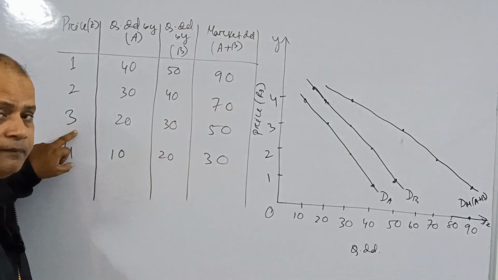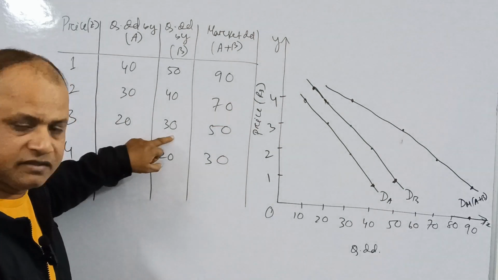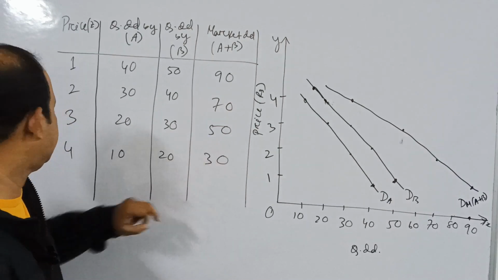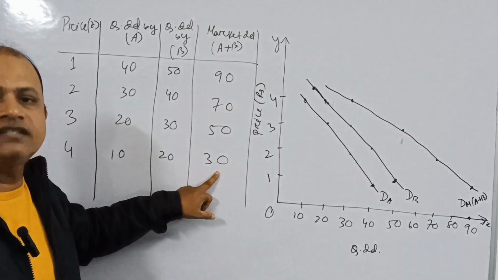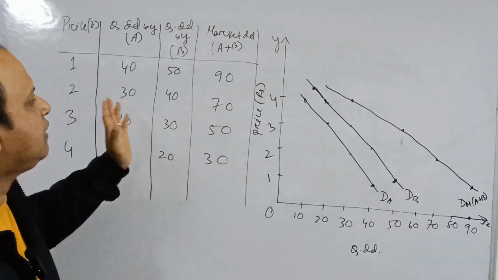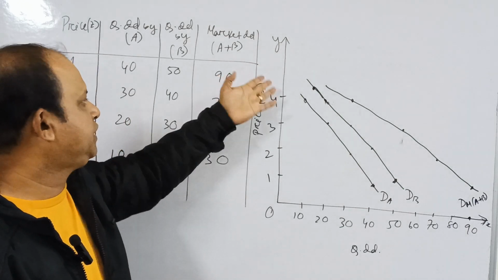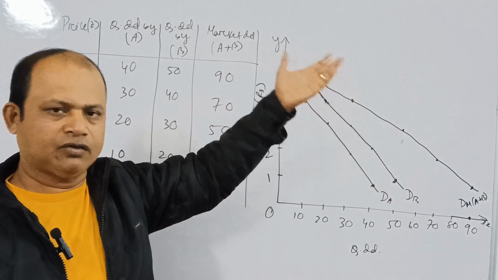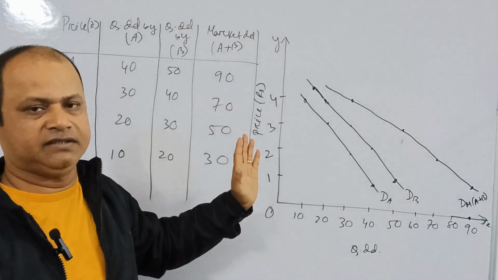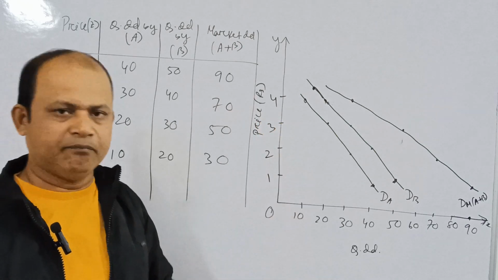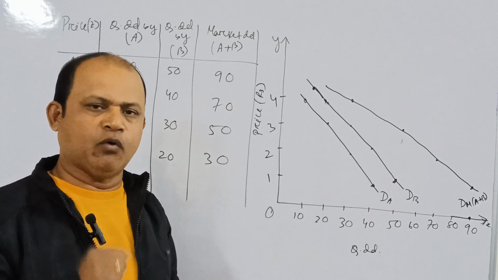When price is 3 per unit, A demands 20 units, B demands 30 units, and the total demand is 50. When price is 4, A demands 10, B demands 20, and the total is 30. In a similar way, if there are other consumers, C, D, E, F, up to X, Y, Z, we have to add up all the demand to get the market demand at each possible price. Remember that we have to take each possible price.